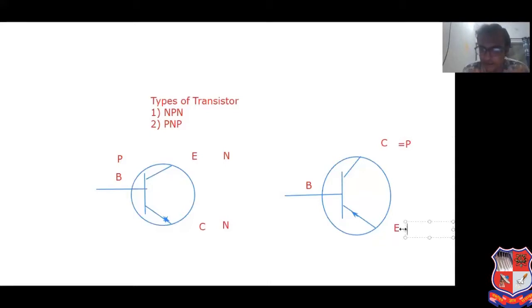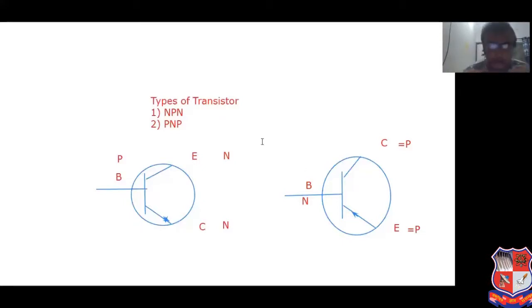It is also considered as a P-type material. This can be considered as an N-type material. See, this is the difference between NPN and PNP transistor. It's simple. Based on that, lots of MCQs will be asked, so be prepared for MCQs related to that.